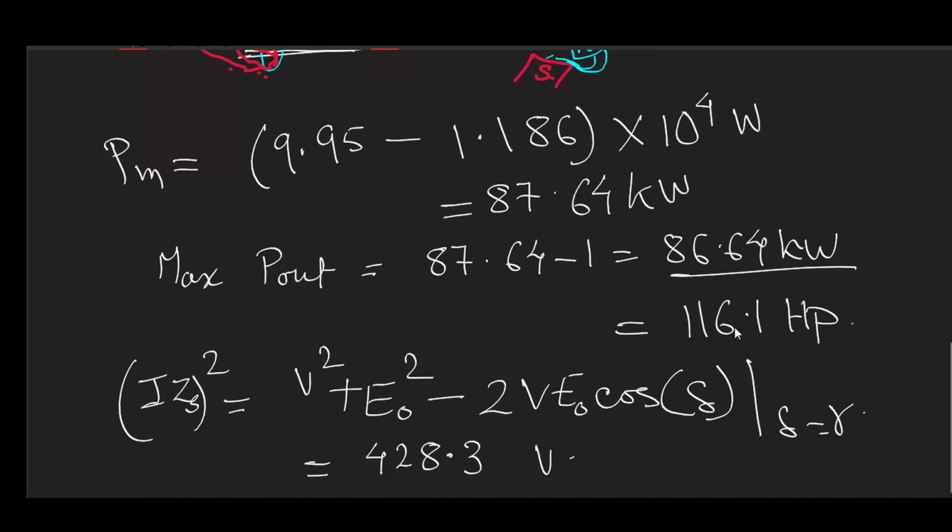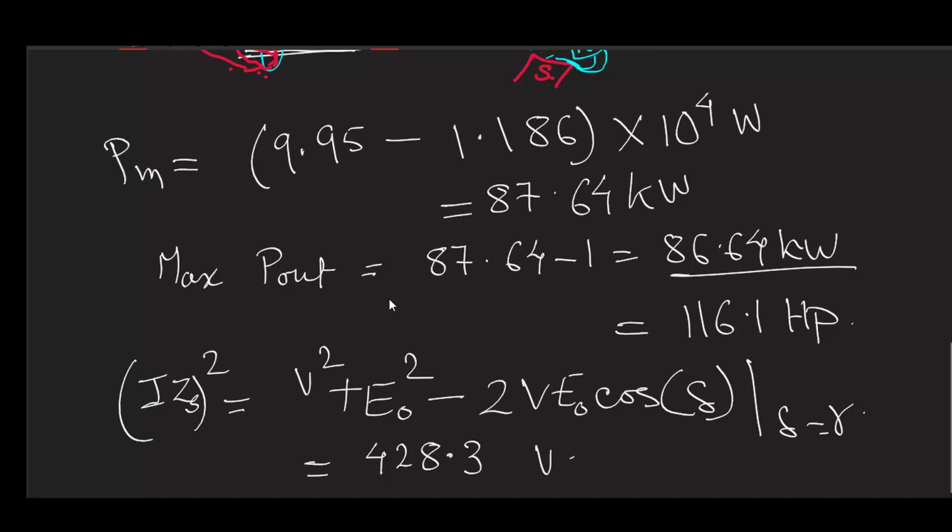So if we want more horsepower, and as this is a synchronous machine, it runs at a constant speed. If we put more load, obviously it will generate a higher torque requirement, and higher torque requirement means a higher value of delta.